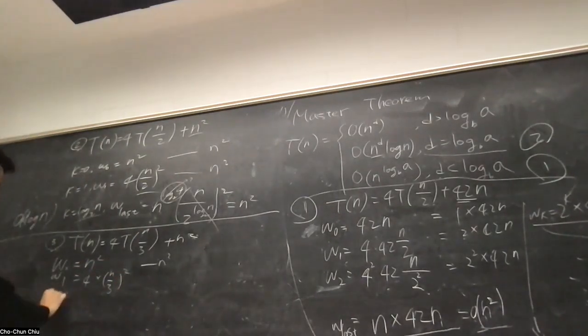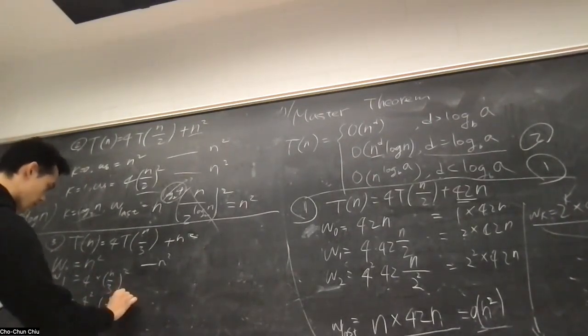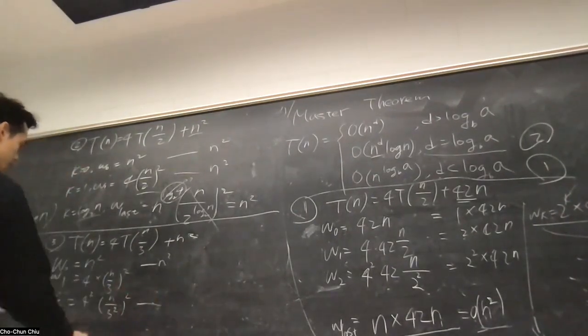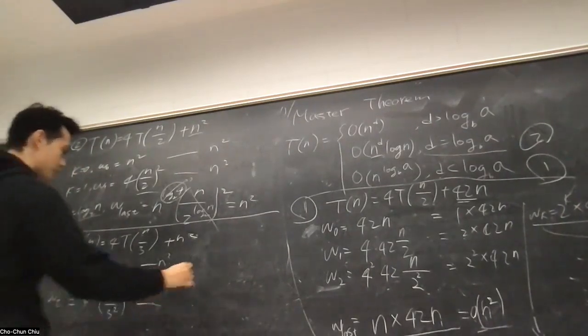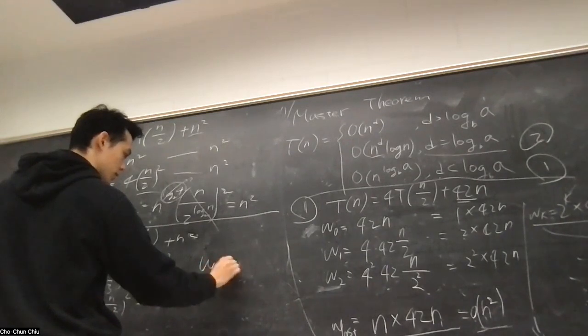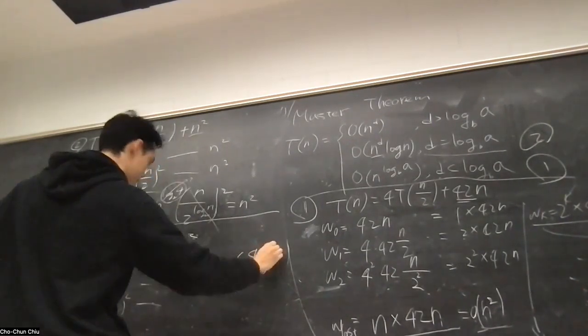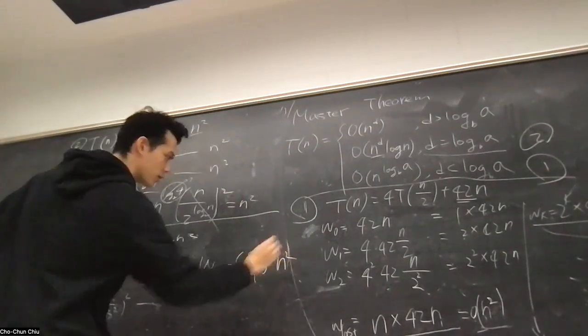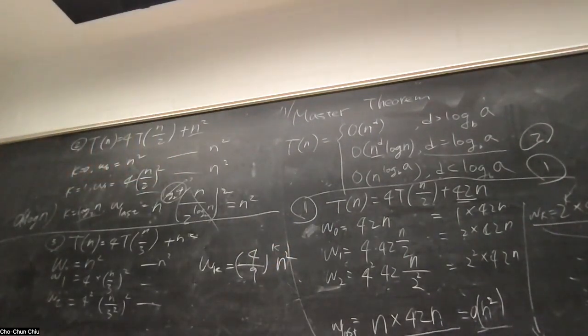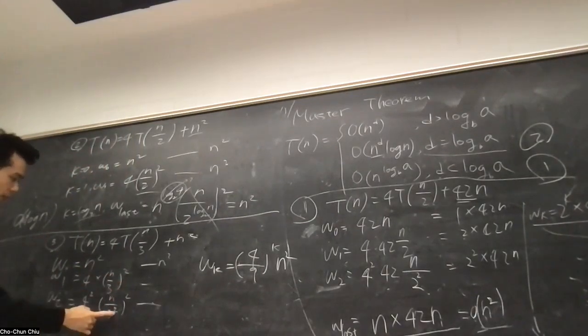And then for W2, yeah, we can do the calculation, but basically the size of work is going to be, because the power of 2 you can put in here, and then that's k, right? k is equal to 1, k is equal to 2.